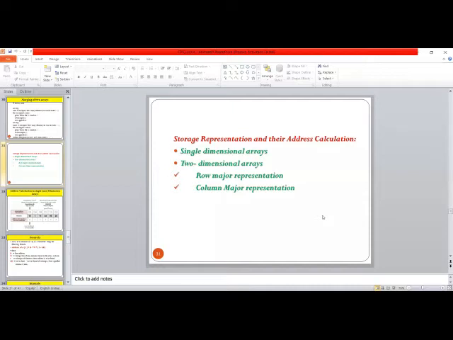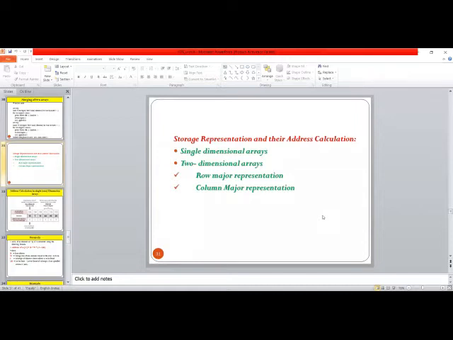If we declare an array of, let us say, size 10, and that array is going to store character type elements, then a character requires 1 byte of memory. Integer requires 4 bytes of memory. Float and double may require double that, that is 8 bytes, and so on.